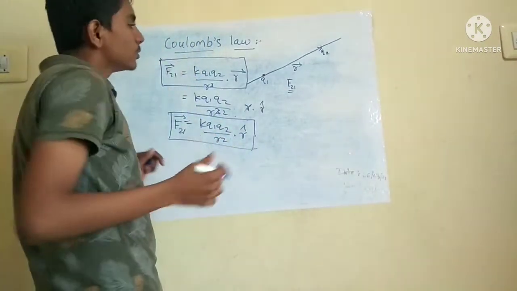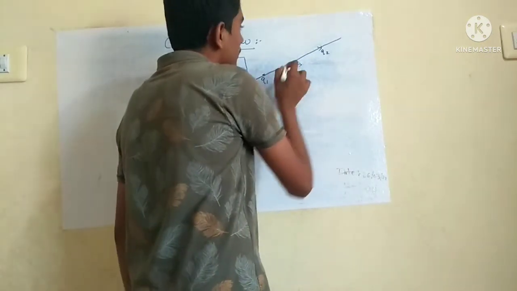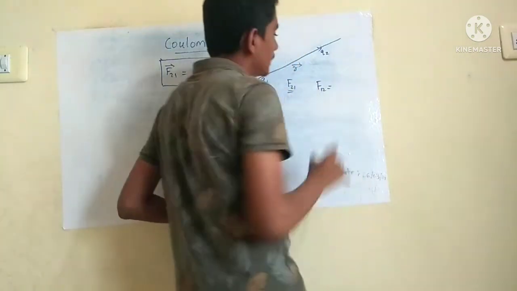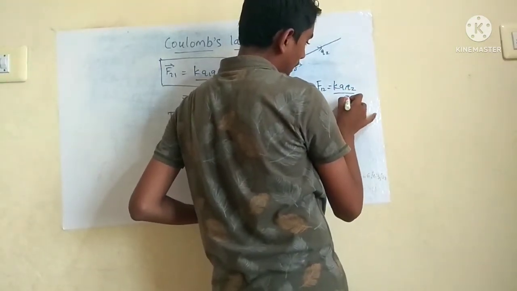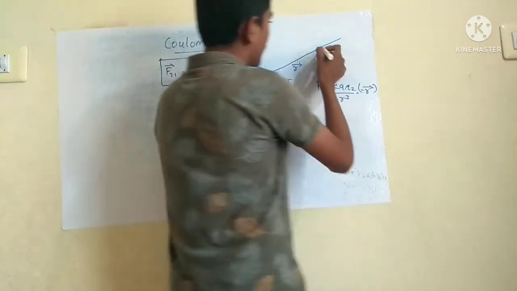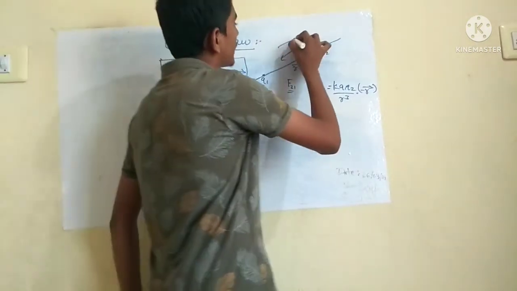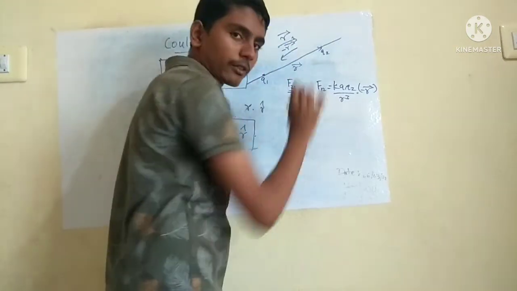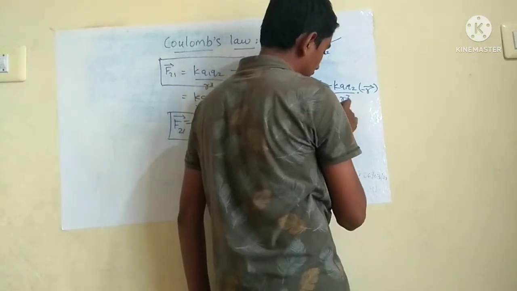Now if you take the force on q1 due to q2, force on 1 due to 2 is equal to k q1 q2 by r cube into minus r vector, because it will exert in this direction, minus r vector. If you take like this, it is plus r vector. If you take like this, it will be negative of r vector. Now along negative of r vector, if you simplify this, you will get like this.